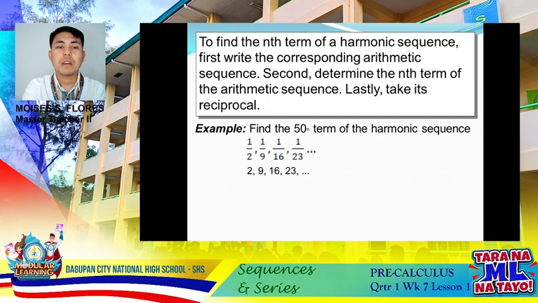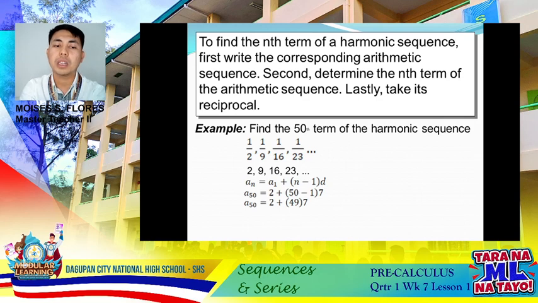From our formula for an arithmetic sequence, we have a sub 1 plus quantity n minus 1 times d. Your a sub 1 there is 2, then your term there is 50 minus 1, and our common difference is 7. As we simplify further, 49 times 7 is 343, plus 2.